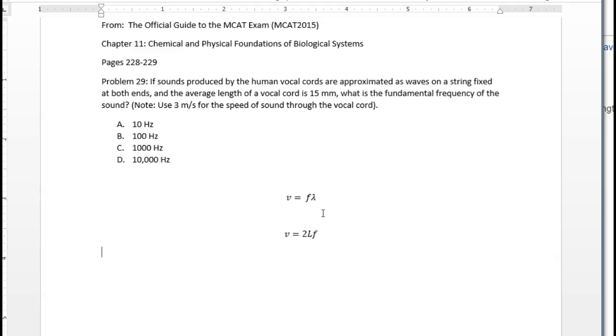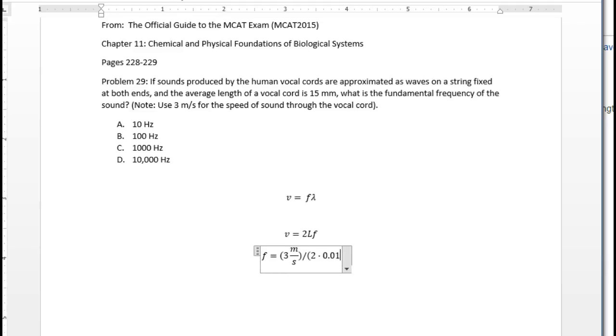We have velocity, we have the length. So the frequency they're after is the 3 meters per second, divided by 2 times 15 millimeters.